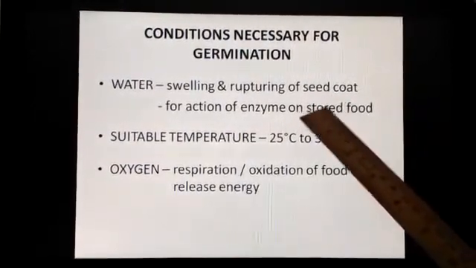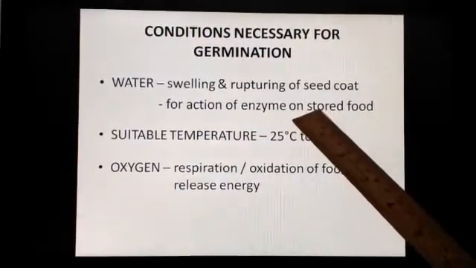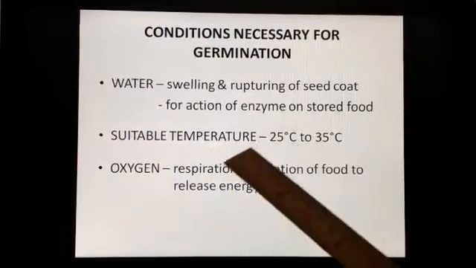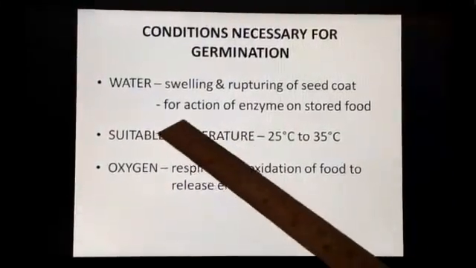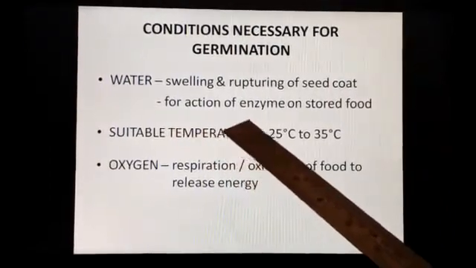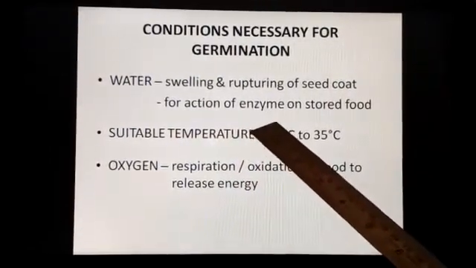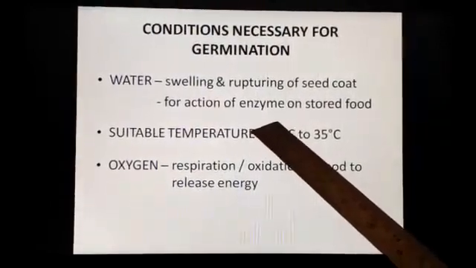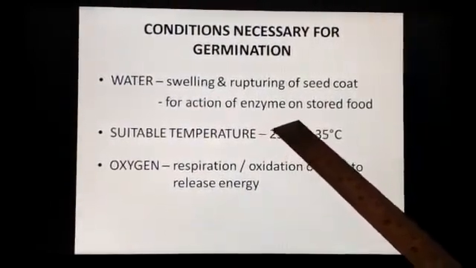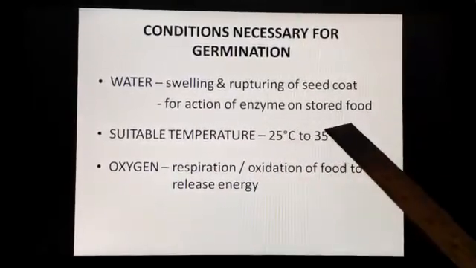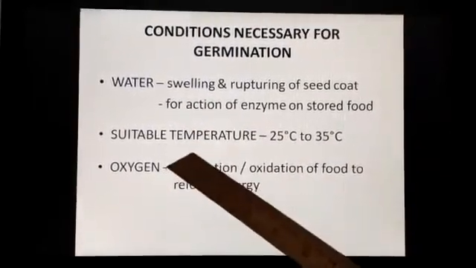Then the embryo grows, and radicle and plumule, forming root and shoot, come out of the seed. Another reason for requirement of water is that the enzymes required to carry out various metabolic activities start acting when the food is in soluble form. So for the action of enzymes on the stored food also, water is required.